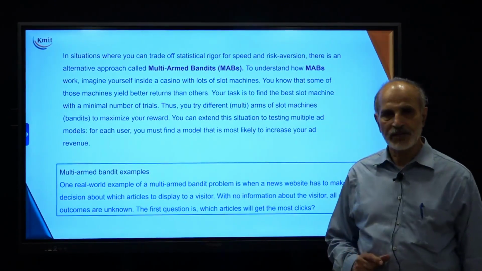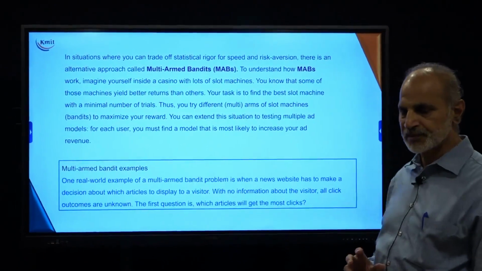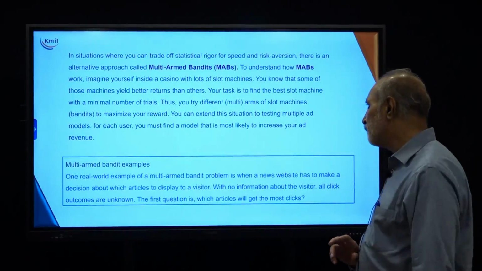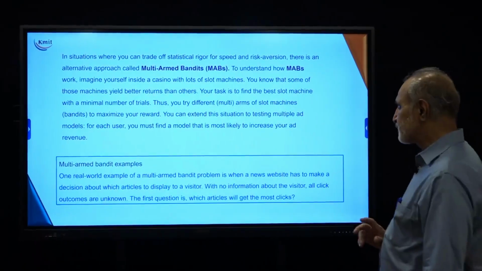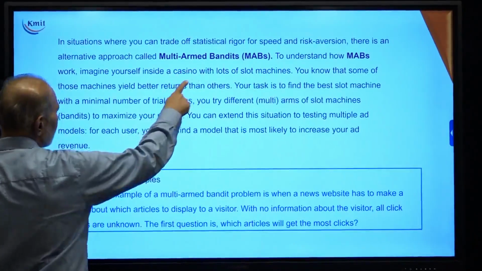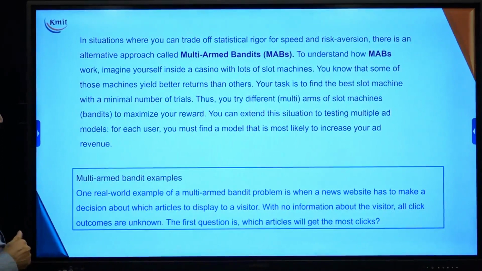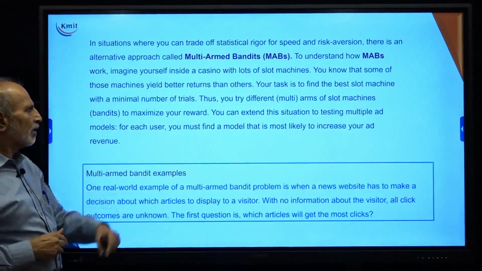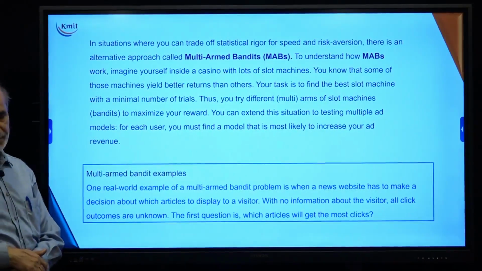Another alternative way of looking at the hypothesis is called a multi-arm bandit. So, let me explain to you. In situations where you can trade off statistical rigor for speed and risk aversion, there is an alternate approach called multi-arm bandit, MAB.